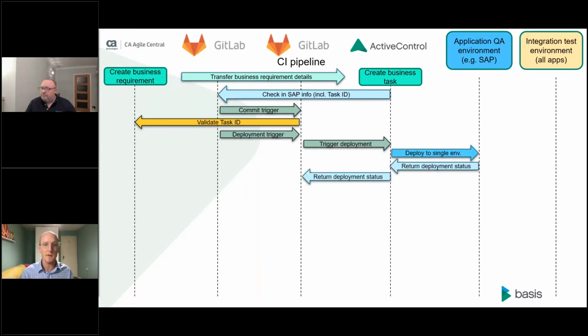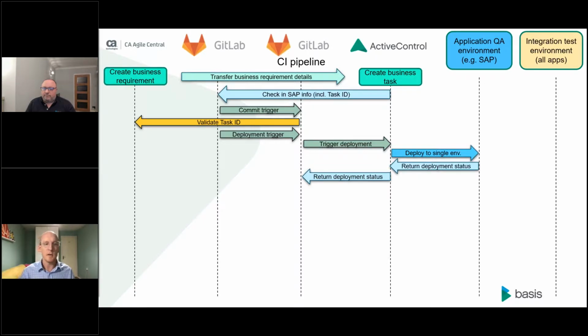And when that happens, a deployment status will be returned through Active Control to GitLab. So as we're doing this, we're getting the maximum visibility in a central place of change across different applications. Again, not just within SAP as an island.